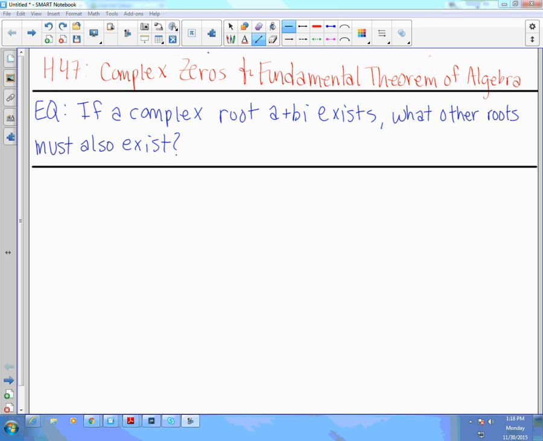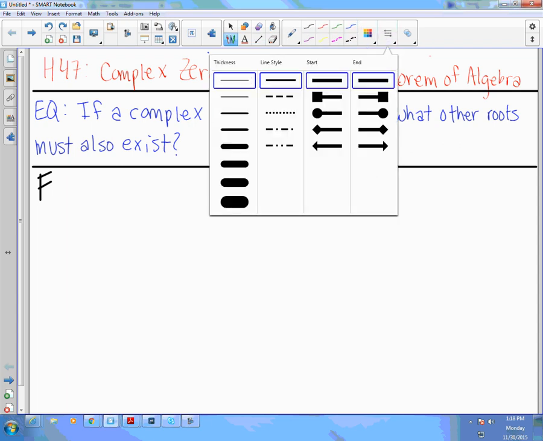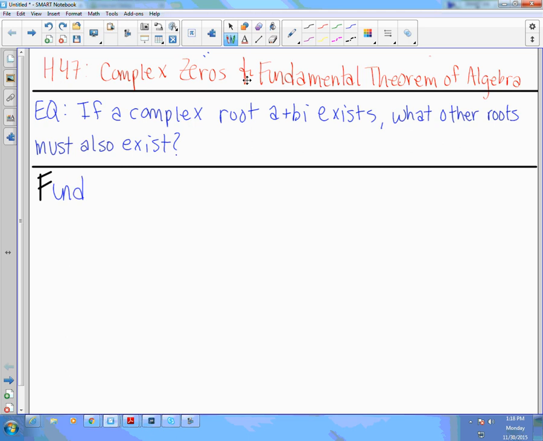So we're going to start with the fundamental theorem of algebra.